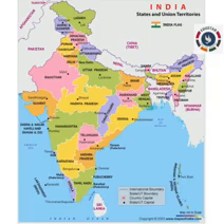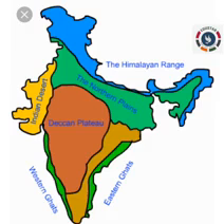Students, there is no other way, you have to mug up these 28 states and 9 union territories. These 9 union territories are directly administered by the central government. These 28 states have chief ministers.